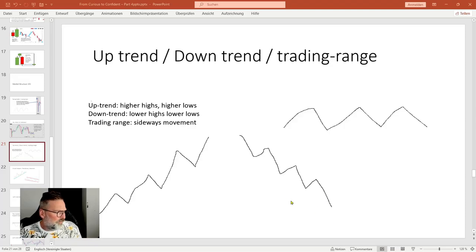Uptrend, downtrend. And when the market moves sideways or is range bound or in a trading range, it's all the same. Yeah? We have highs and lows that have a more or less clearly defined range top and range bottom, in which they zigzag.